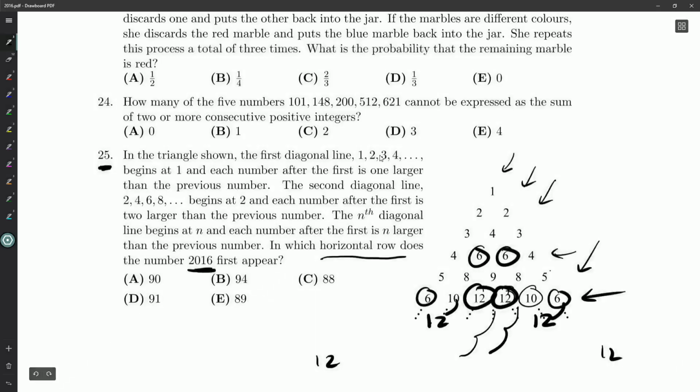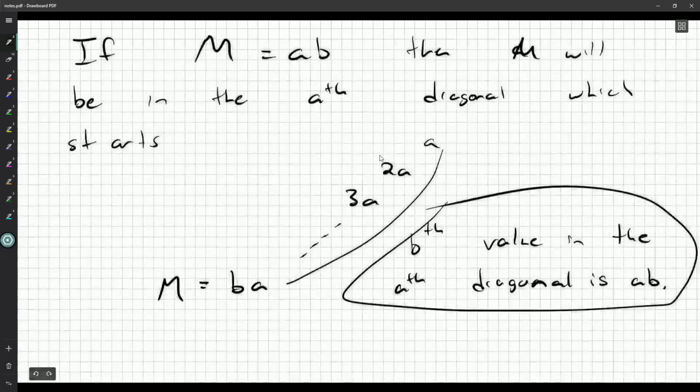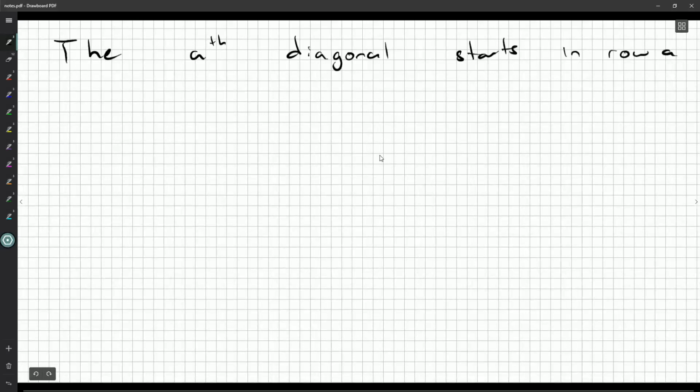Is there anything else we need? Well, these diagonals start at different rows. So, for example, the Ath diagonal starts in row A. So 2A is in row A plus 1.